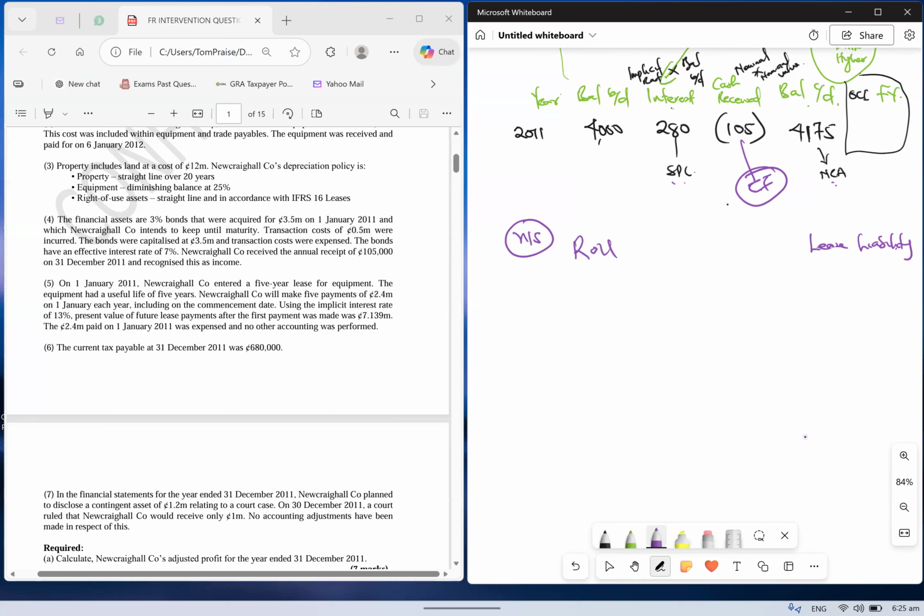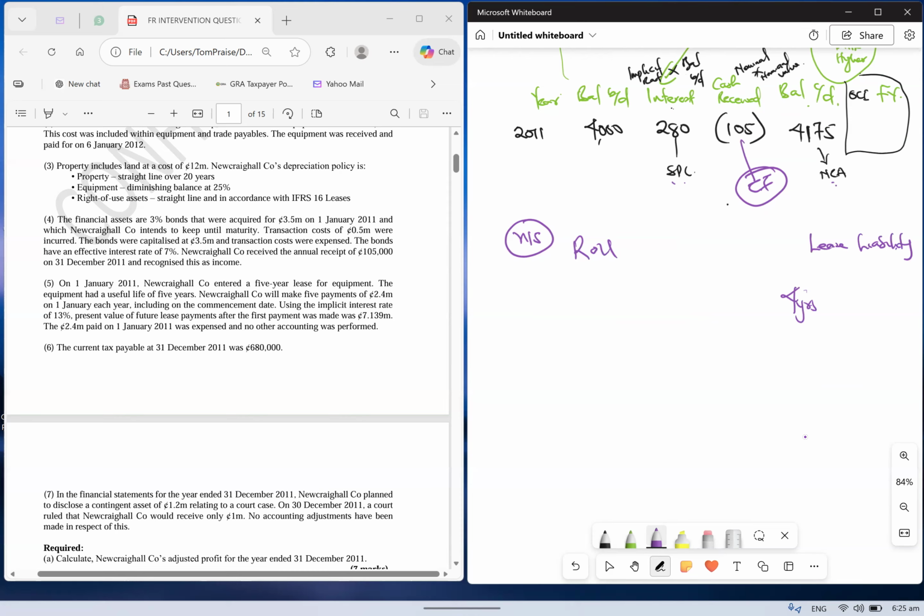So this question says New Craig Hall will make 5 payments, 2.4 each year, including the commencement date, using the implicit rate 13. There's a present value of future lease payments after the first payment. Watch it. That means that if the first one is out, the remaining that you are having here is 4 years, because there were 5 payments.